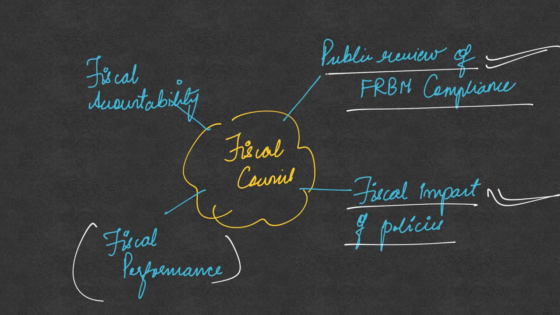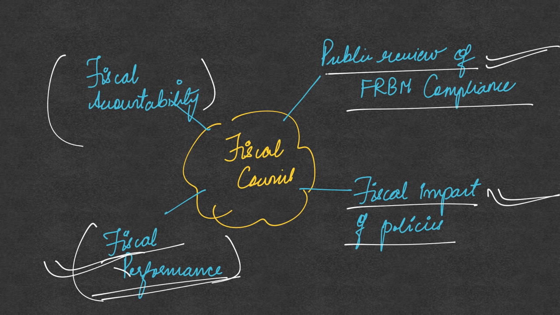And third, it is going to study the overall fiscal performance of the government. How much better the government has fared in collecting its revenues, and how optimally and how judiciously the expenditure has been incurred by the government. Such fiscal performance of the government is also going to be analyzed by the fiscal council.